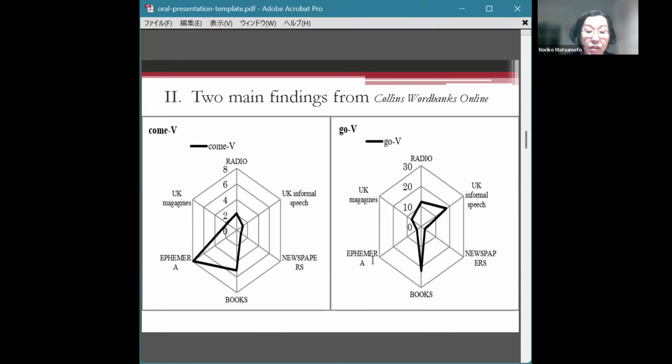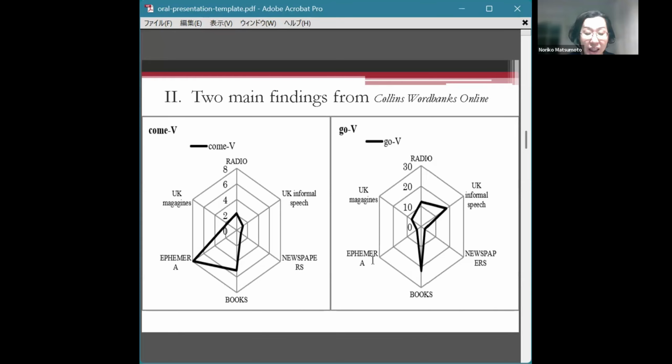In contrast, the informal speech subcorpus shows a much lower one. In the go-V sequence, the high frequency is found in the books and the informal speech subcorpora. In both sequences, the newspaper subcorpus shows a very low frequency.